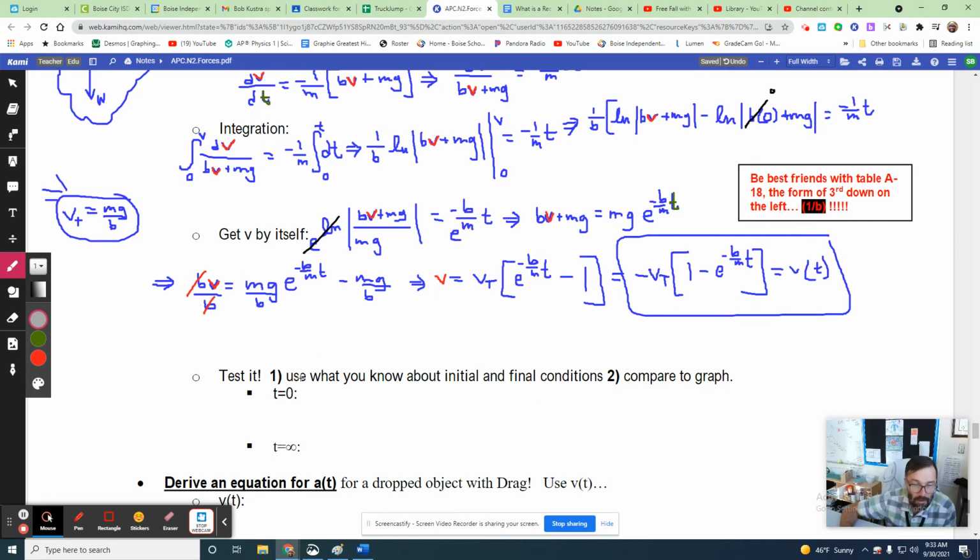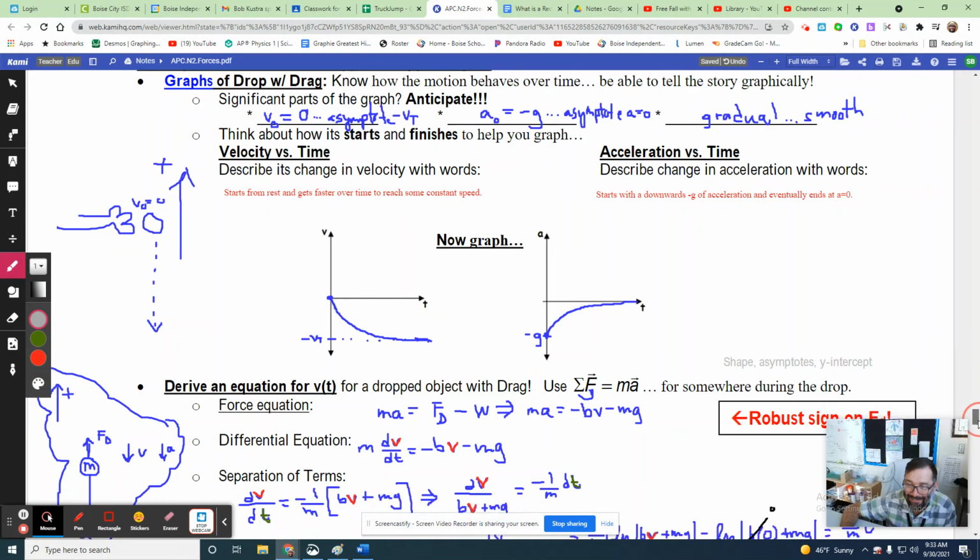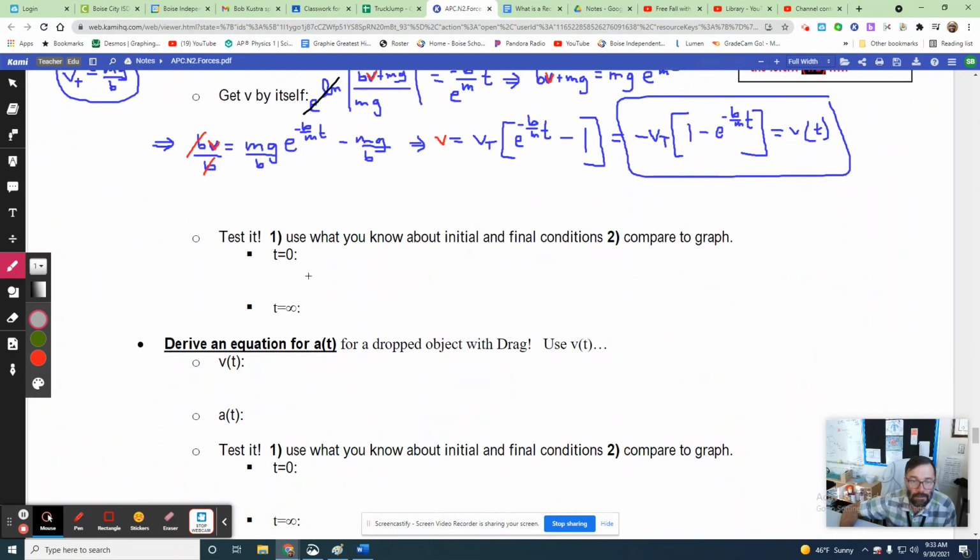Let's test it. Use what you know about the initial and final conditions to compare it to the graph. What we know is our graph for velocity should look like this. It should start at 0 and it should end at negative vt. Let's see if it happens. Oh, okay, here we go. Let's plug in v of 0 in here and see what happens.